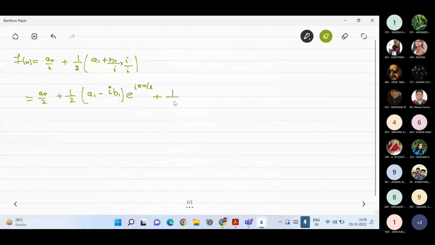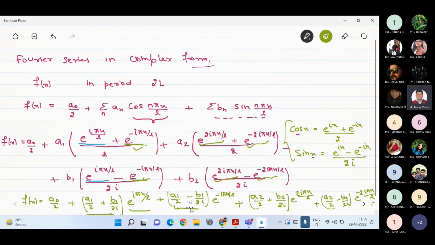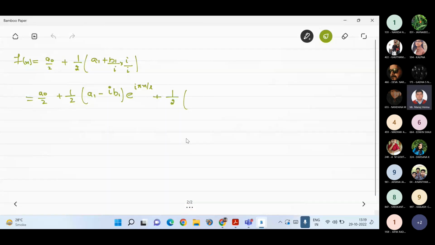Similarly, the second term will also become, if you take half common from here, a1 minus b1 by iota. And if I rationalize, it will be a1 plus iota b1, and e raised to the power minus iota pi x by L.